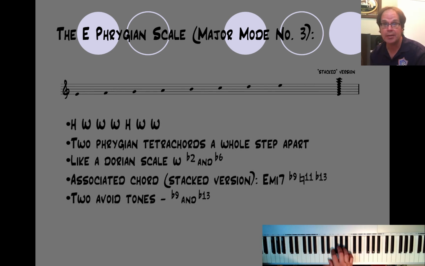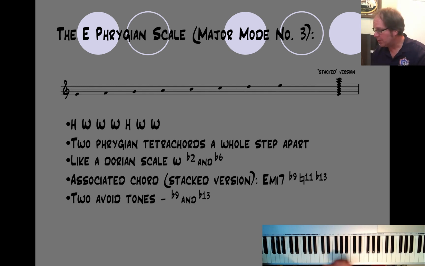So this scale starts with a half step, which tends to give it a very dark sound. Incidentally, one of the things you could think of is the more notes that are closer this way to the root, the darker that scale tends to sound. And the more that are farther from the root this way tend to be brighter sounding scales. We're actually going to end this video on a bright sounding scale.